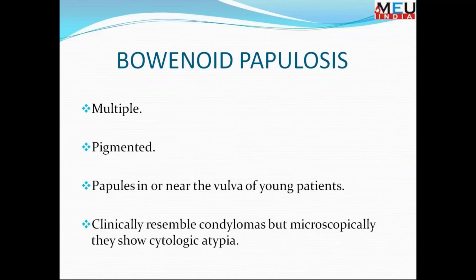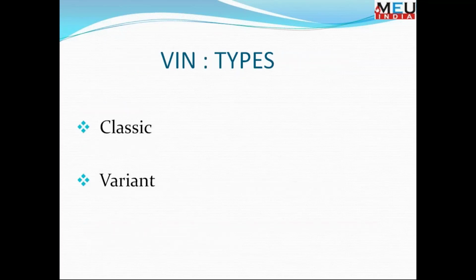Bowenoid papulosis is another entity which involves the multiple pigmented papules in the vulva, and clinically we find that they resemble condylomas, but they show cytologic atypia which is generally absent in the condylomas.